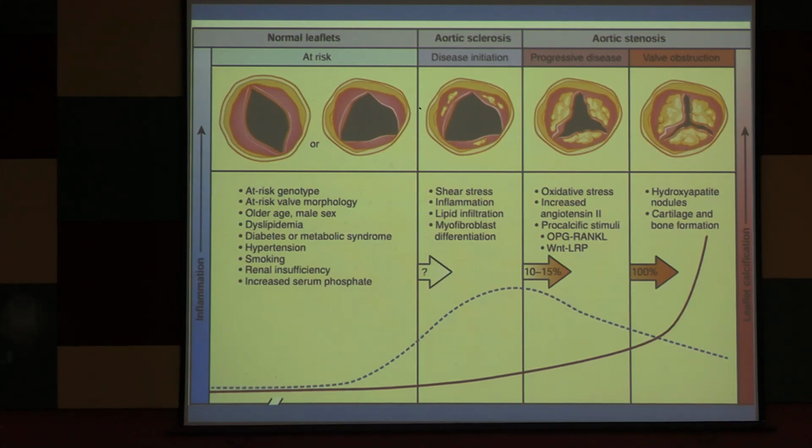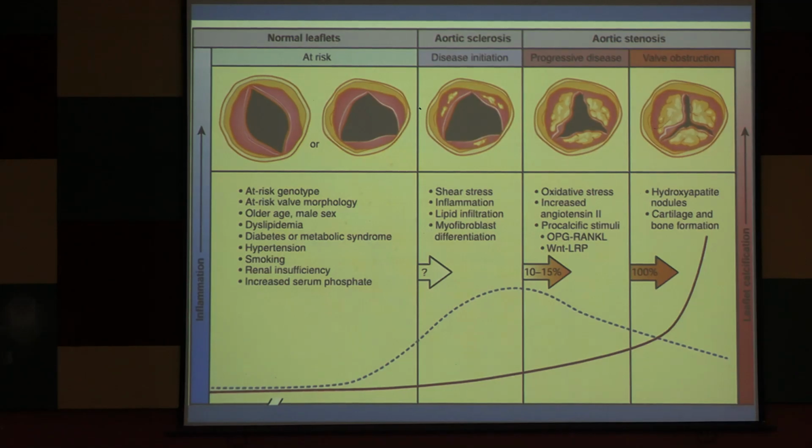First point, the at risk, that means genetic basis and the risk factors already described, including dyslipidemia, aging process, chronic kidney disease, diabetes mellitus, hypertension, smoking, physical inactivity, etc. Then the aortic sclerosis and aortic stenosis.